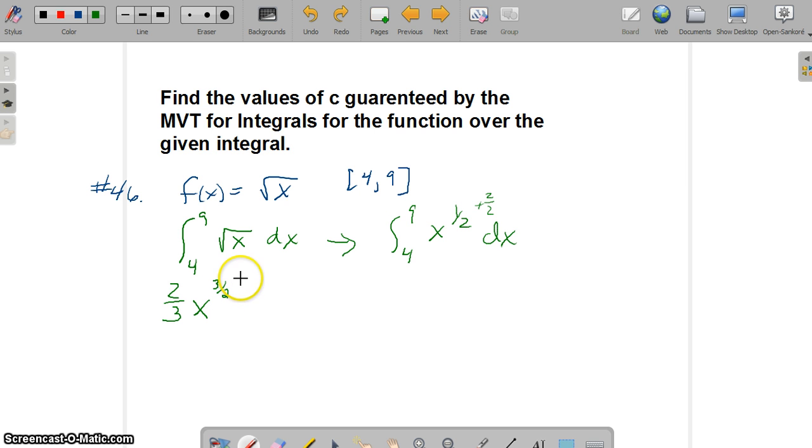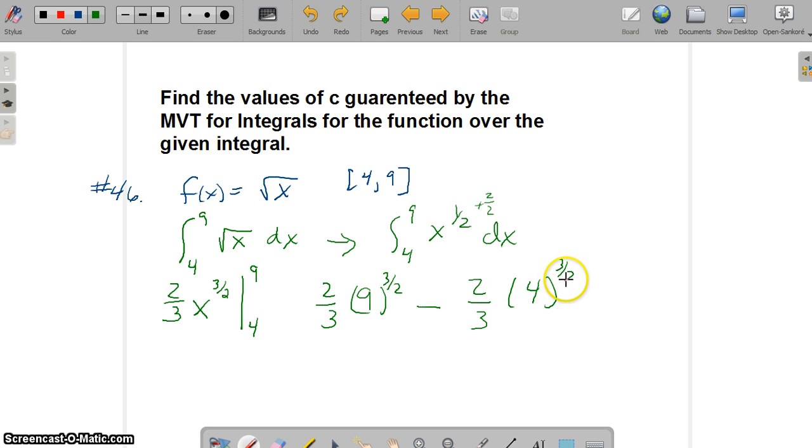Once I integrate it, I'm going to put my straight line here and go from 9 to 4 like we usually do. Then, just like with our definite integrals, we have to plug these numbers in. So 2/3 times 9 to the 3/2 power minus 2/3 times 4 to the 3/2 power.